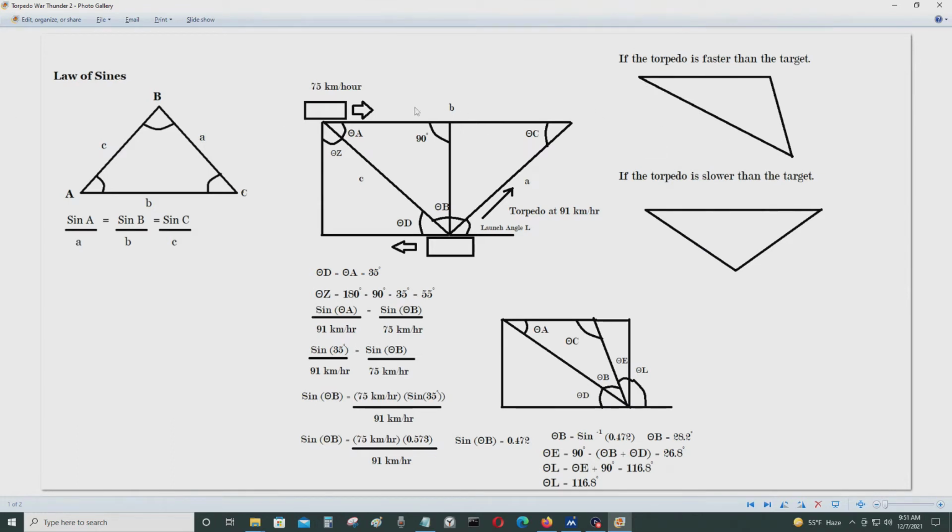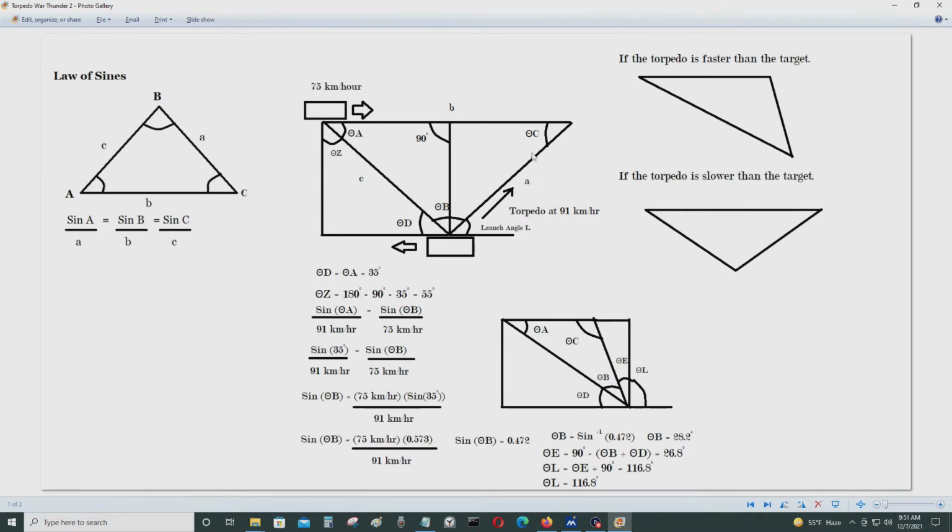So this is a general concept. If your torpedo is faster than the target, then you're going to get a triangle that looks like this. Right? This is a case. So if the torpedo is slower than the target, so if this torpedo is only 45 kilometers an hour and the ship is moving, let's say at 100 kilometers an hour, then your launch angle would be less.